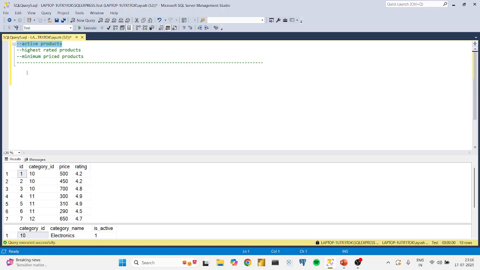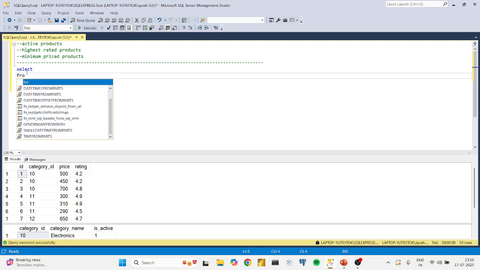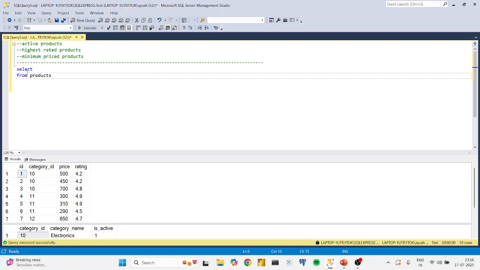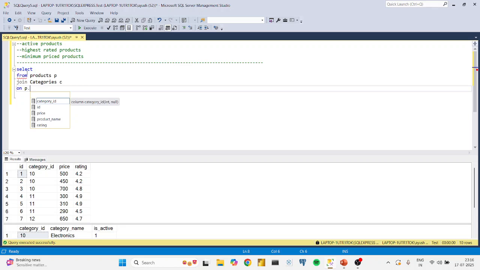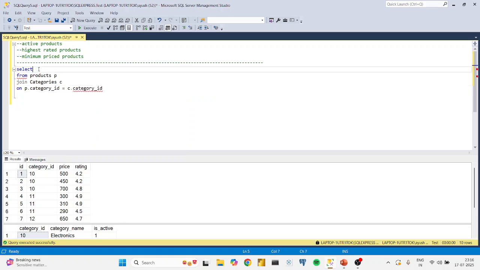Let's first find all the active products that we have. So we will do select, from products P join category C on P.category ID is equal to C.category ID.